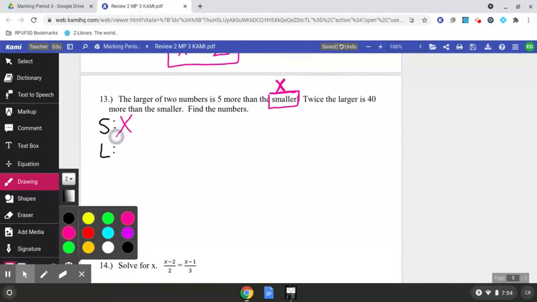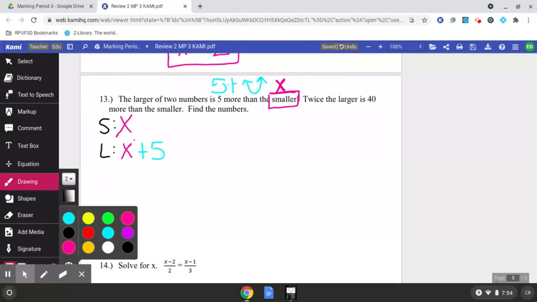So my smaller number is my x. My larger number is 5 more than the smaller. So I'm taking the smaller number x and I'm just switching and adding the 5 to that. Notice I drew the switch symbol, so I have to make the switch.